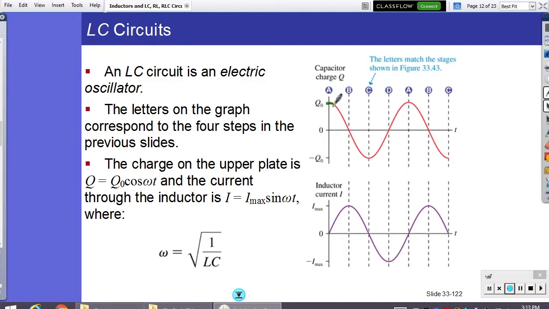So when my capacitor is fully charged at the very first moment, I get no current. After some time goes by, my inductor kind of relaxes and lets some current happen. And we'll go through each phase of this, but this is an electric oscillator. It is simple harmonic motion, but it's charge and current that are oscillating.